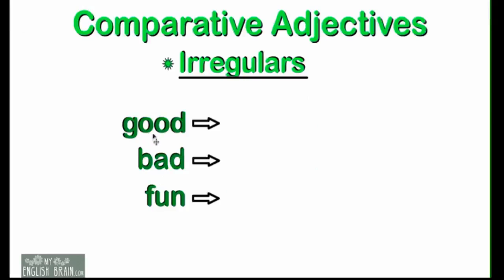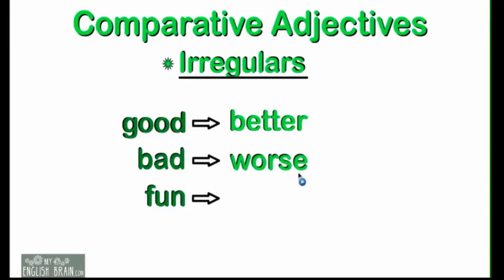No. For good, the irregular comparative adjective is better. The comparative for bad is worse. And the comparative for fun, we say more fun. So remember these irregulars: better, worse, and more fun.